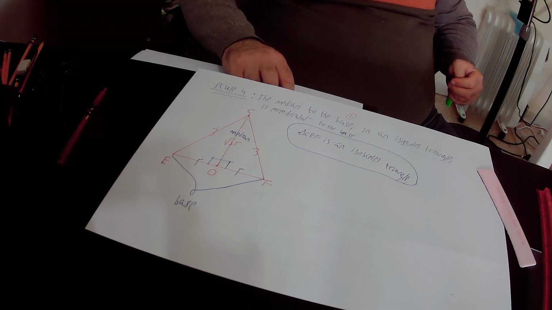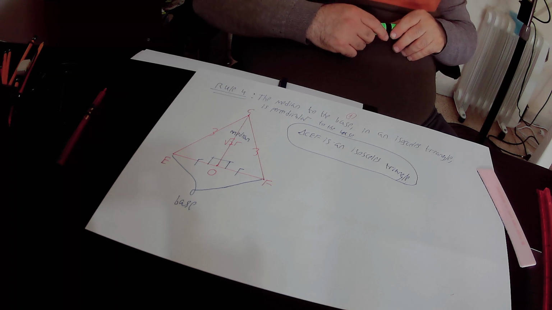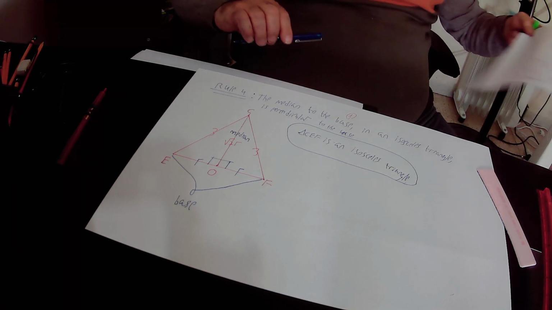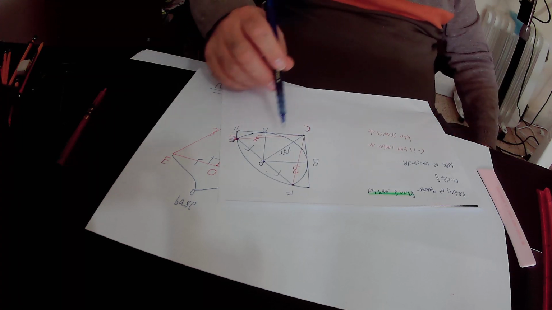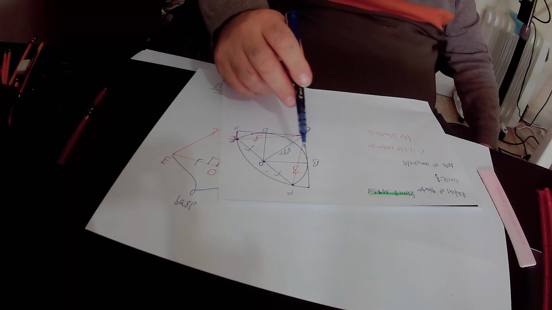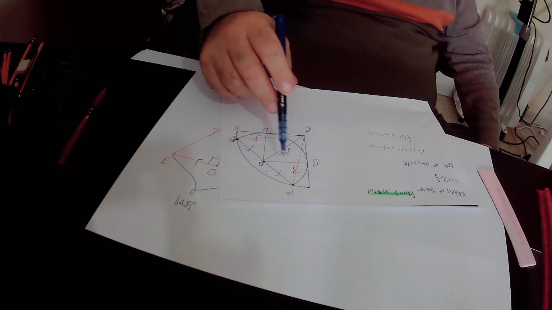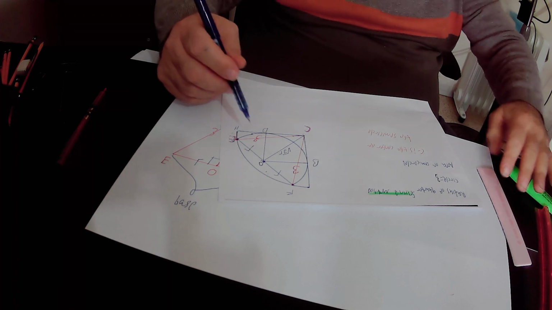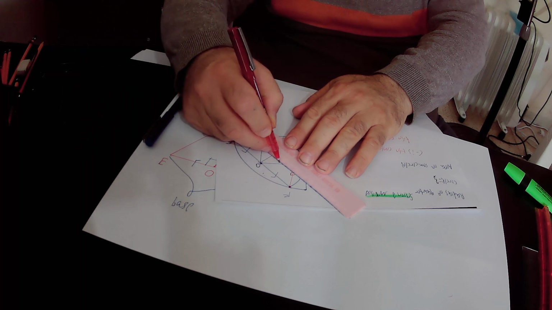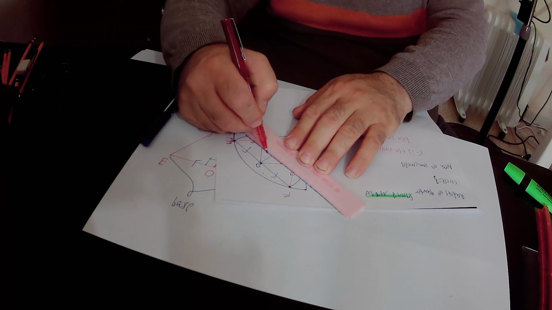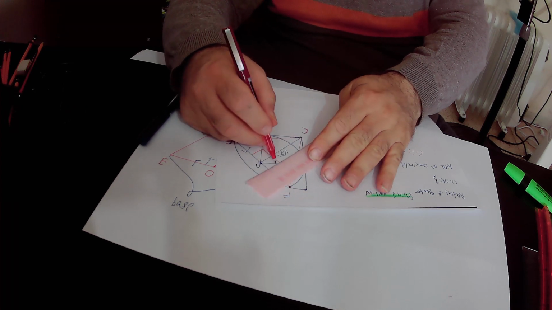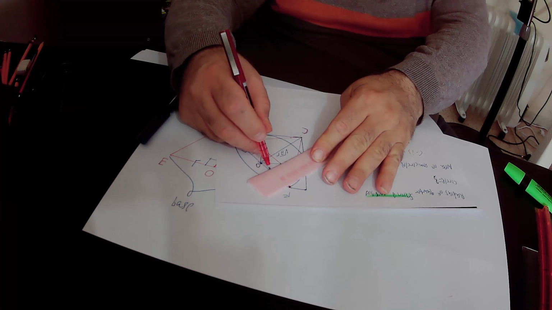According to rule number 4, the median CO to the base FE is perpendicular to the base FE. That is to say, this angle equals 90 degrees and this angle will also equal 90 degrees. Why?